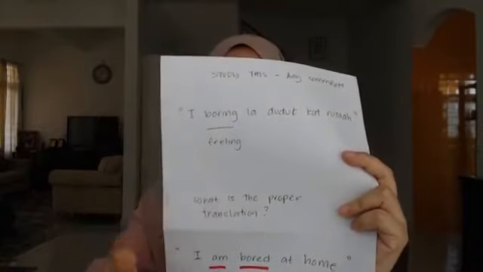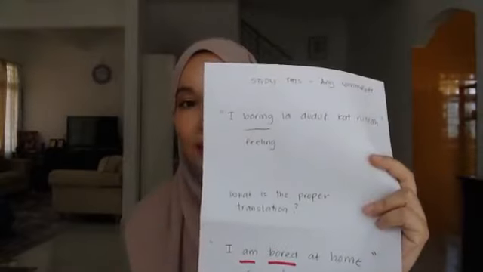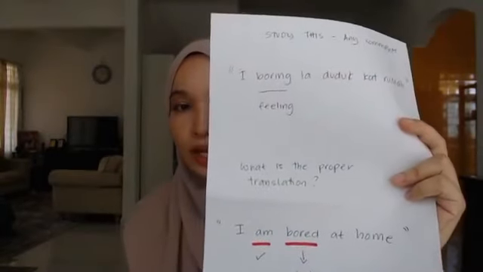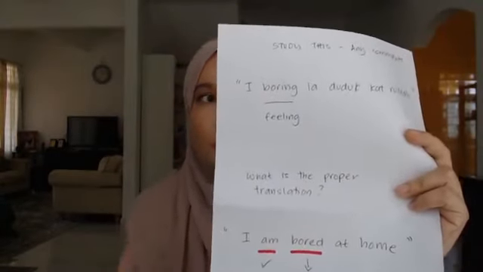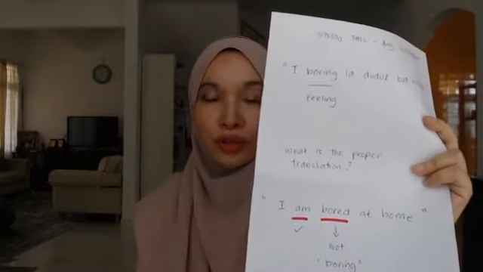What is missing? Missing linking verb. All right? And boring is used instead of bored. So that is what's happening when we speak in English. We use this kind of Malay structure to speak in English, and it might cause confusion, and it might make you feel confused. All right?